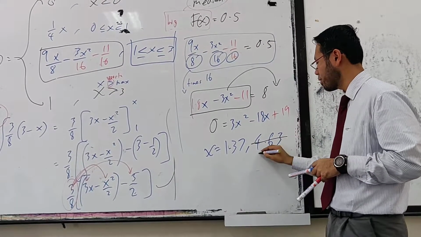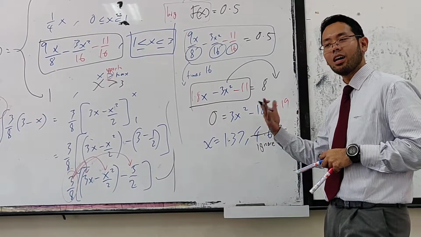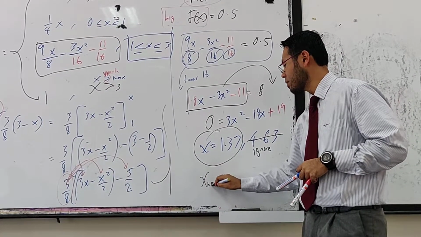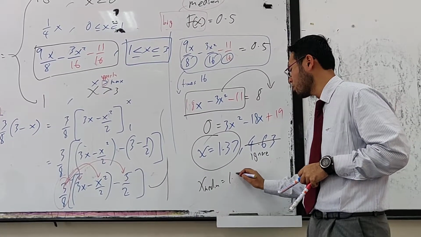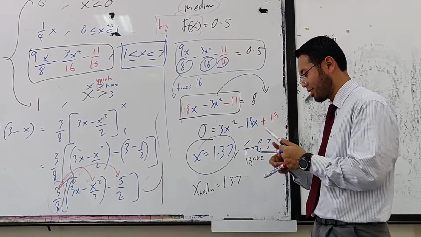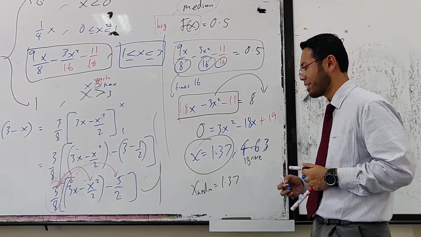This one, what should we do? Ignore. Why? Because it's out of range. So this is your answer. x median equals 1.37. I think we should cross it out. Let's write down 'ignore' there.